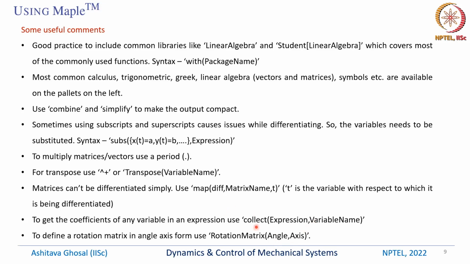You can use a command like this. And we can use very simply a rotation matrix in the angle axis form. So these are some specialized commands which are useful for this course, because we can use these commands to do some kinematics and find rotation matrices and so on.